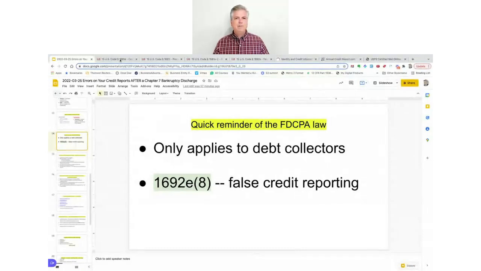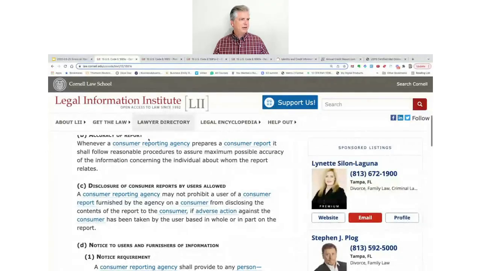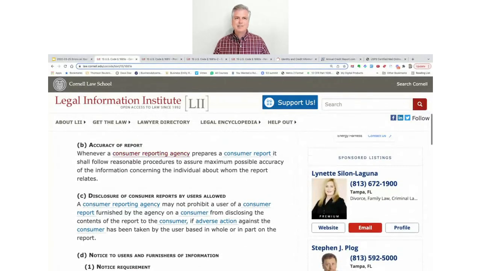So if you look at this, and I've got this pulled up, this is section 1681e(b). So this is for the credit bureau. Consumer reporting agency, credit bureau, those are all the same thing. Prepares a consumer report, it shall follow reasonable procedures to assure maximum possible accuracy.